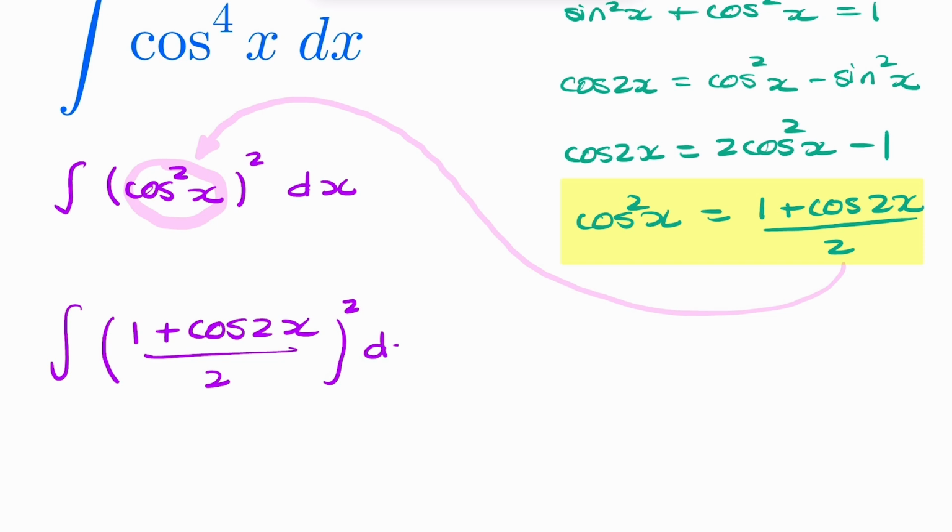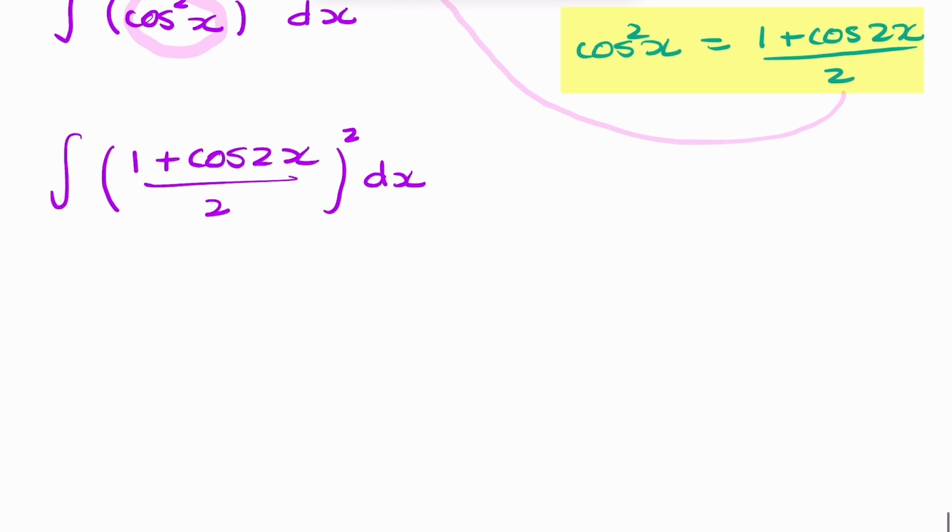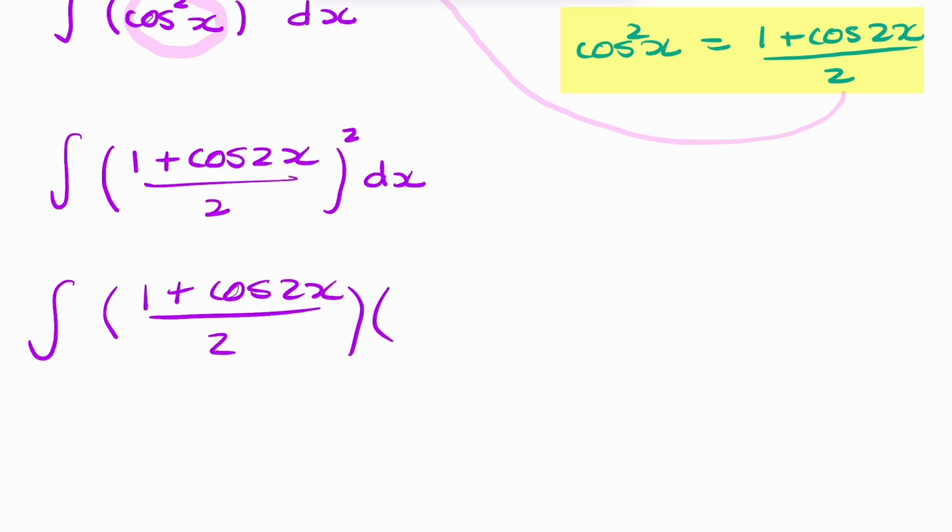So how do I deal with this squared? Well, I don't know, but what I could do is just expand these brackets. So that's worth trying at least. I can write it out as 1 plus cosine 2x over 2 times 1 plus cosine 2x over 2 dx, and see where that takes us.